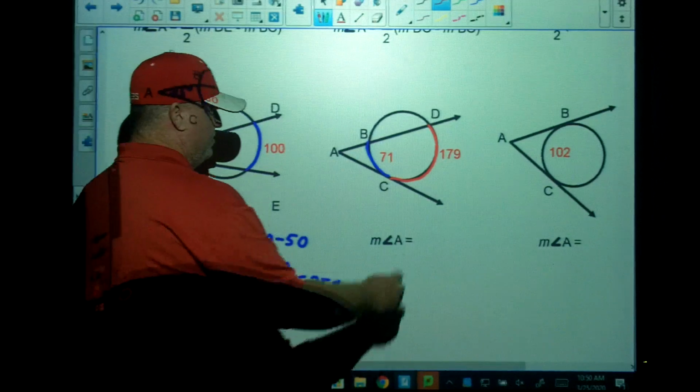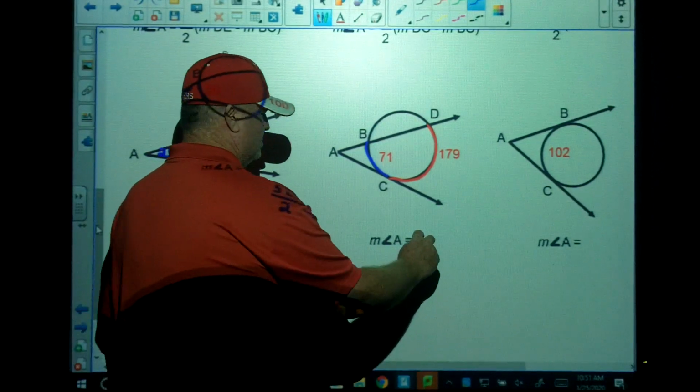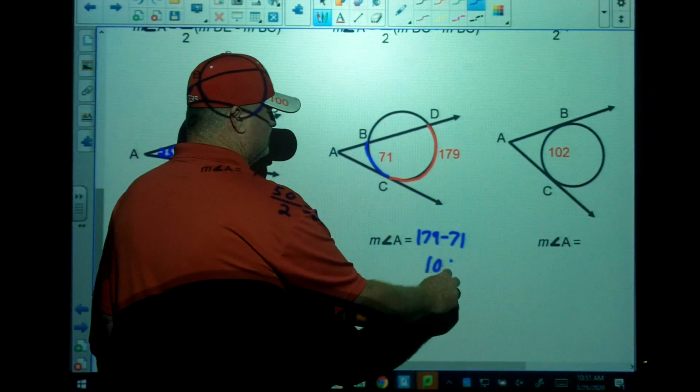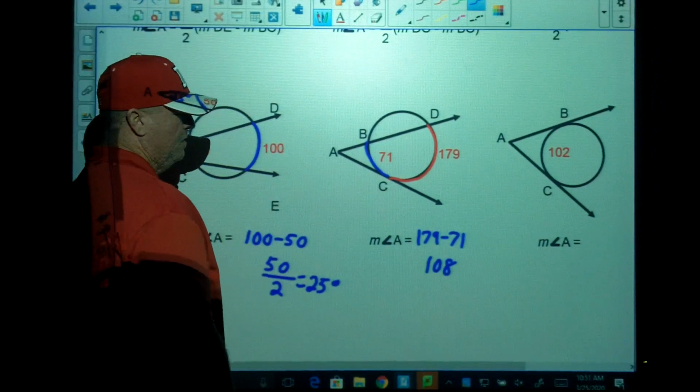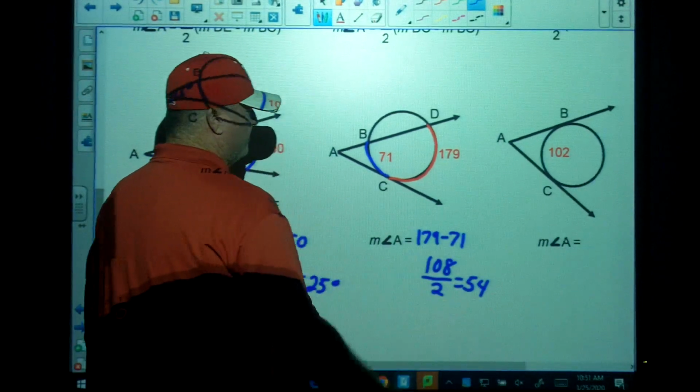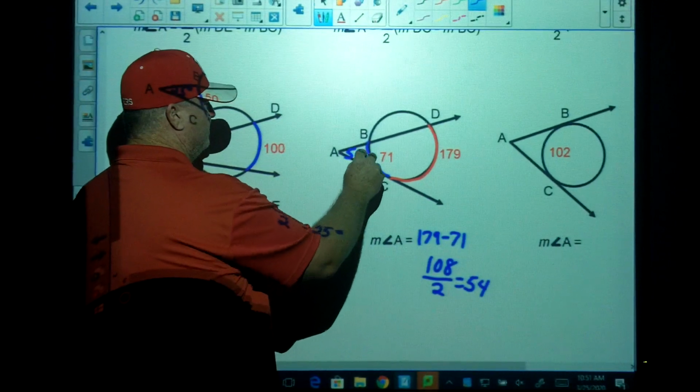So we're going to take our bigger number, which is 179, subtract the 71, that gives us 108. And then we divide that by 2 to get 54. So this is going to be 54 degrees.